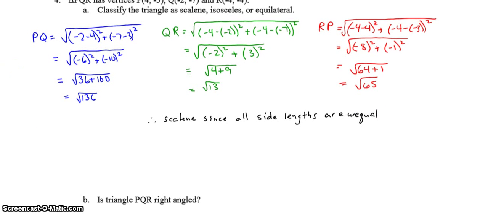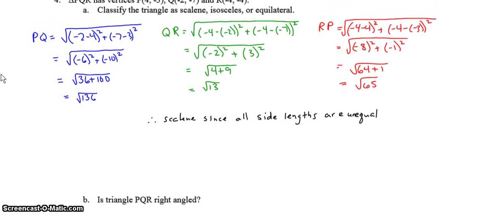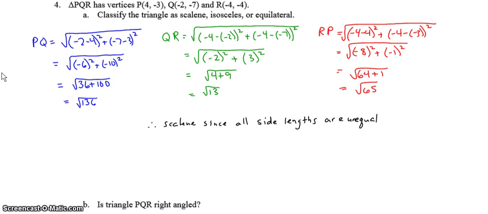You may also have to verify properties using slopes. So this is asking if this triangle is right angled. So what we're going to do is look at their slopes so that if any of the slopes are negative reciprocals, then you have a right triangle. Okay, so this is going to be a little hard for me to do to see it on the page. So I'm going to do it up here and then move it down here.